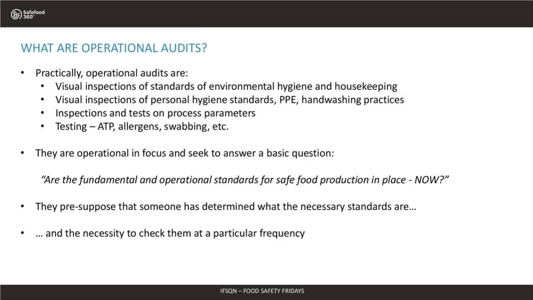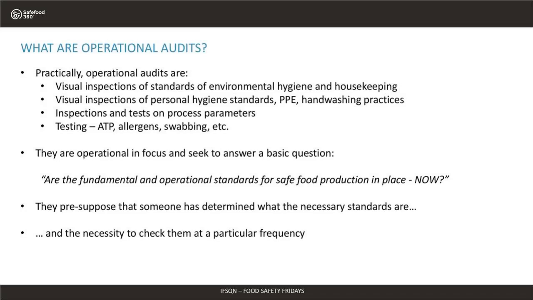And the checks all seek to answer one fundamental question, which I've articulated there on the screen. Are the fundamental and operational standards for safe food production in place? And are they in place now? That's typically a strong characteristic of these types of audits. You're trying to establish what's going on at this moment in time, because you want to do something subsequent to that, a decision, to produce product, for example.